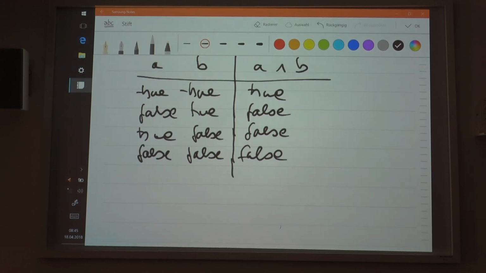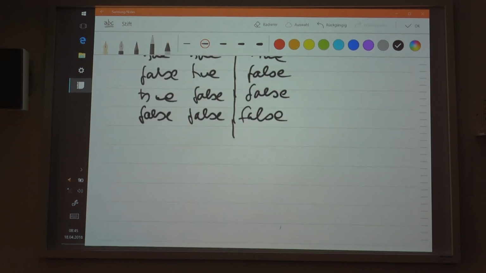So for instance, suppose that, let me give you an example. A is less than or equal to 2, and A is greater than or equal to 1. If A is a number and it is less than or equal to 2, and at the same time it is greater than or equal to 1, then of course this means that the number X is between 1 and 2.